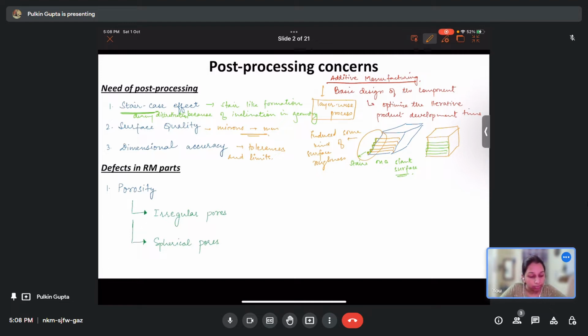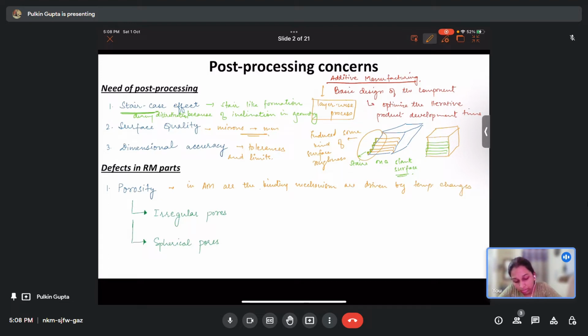Why does this occur? Because in additive manufacturing, all the binding mechanisms are driven by temperature changes.